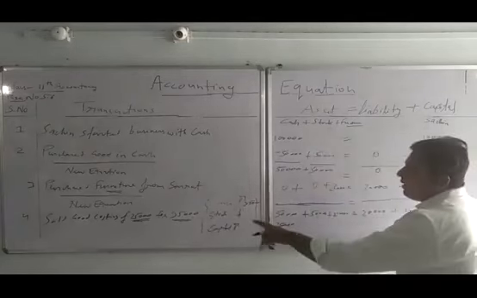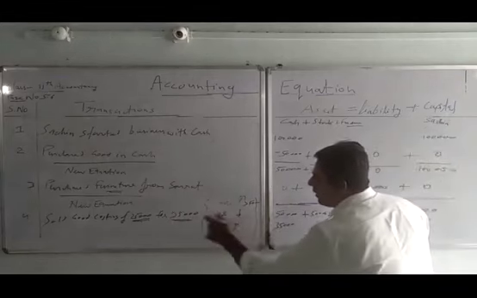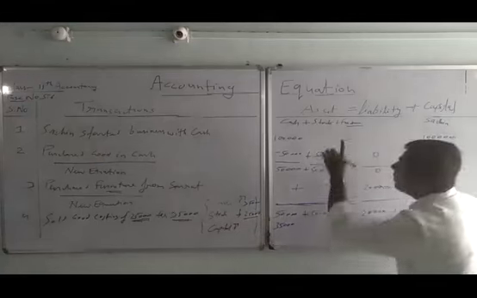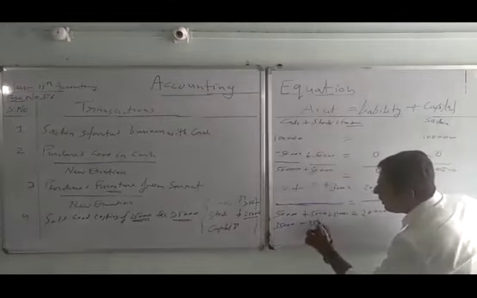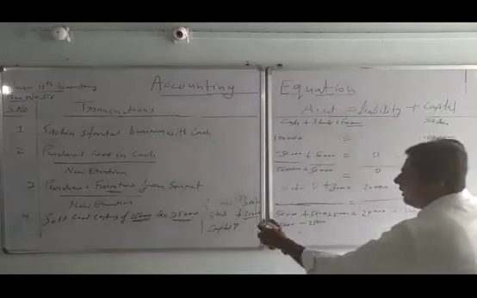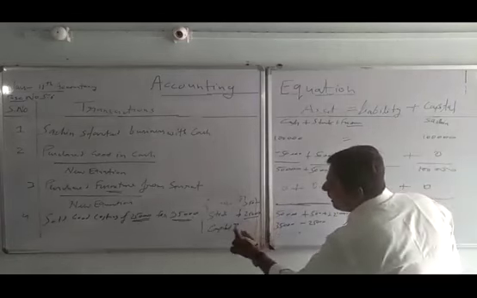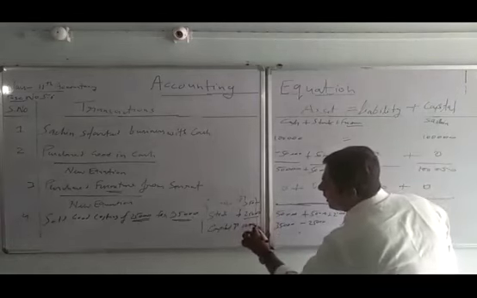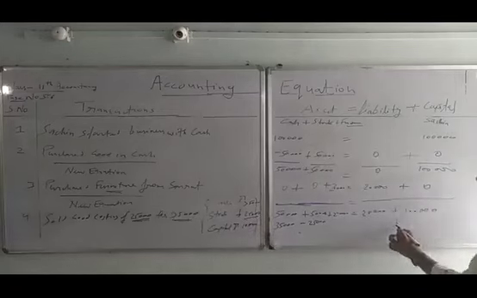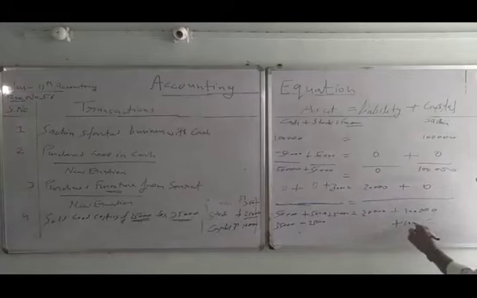Stock is reduced by how much? 25,000, the cost is 25,000. Now capital: the difference between both will be the capital increase. 35,000 minus 25,000, 10,000. So here I will write plus 10,000.